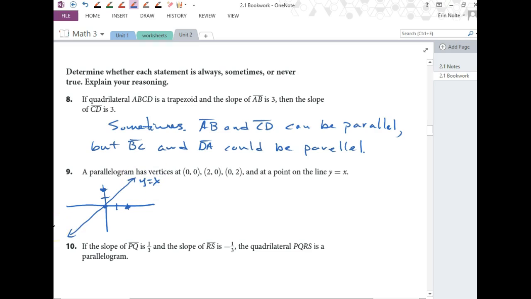Okay, so is it for certain that if I have those 3 vertices, and we're talking about a parallelogram, that any point on y equals x will create a parallelogram? Is that always true? Sometimes true? Never true? Sometimes true. Which point would make that true? 2, 2. 2, 2 would make it true, but any other point on that line would not make it true. So we're going to say sometimes.